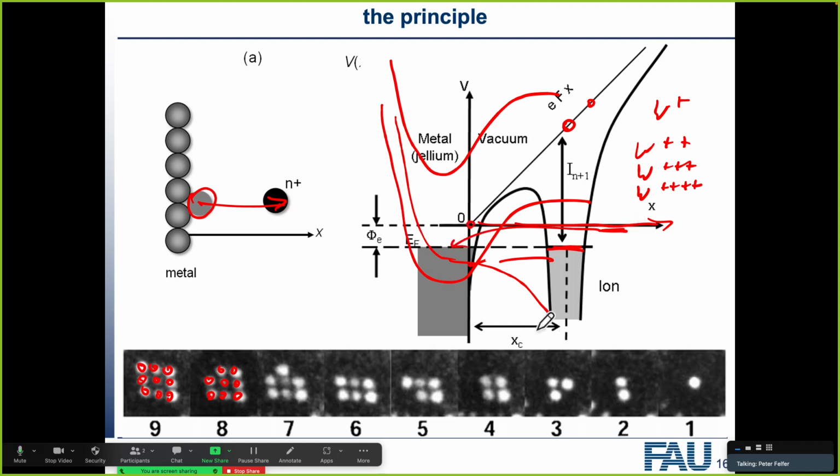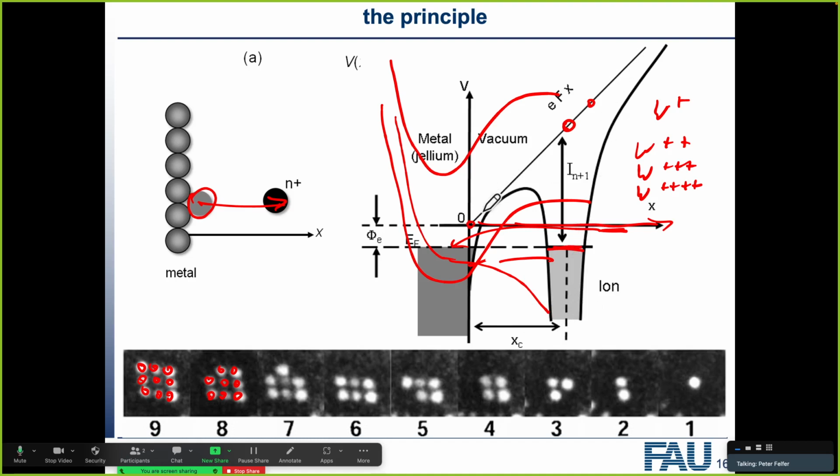The question is how large the distance is. If the distance is too large, then the tunneling probability will be very low. If the distance is very small, then the tunneling probability will be very high.